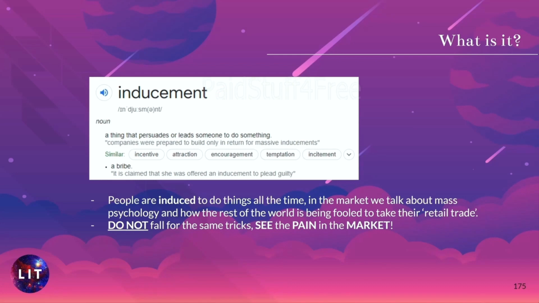Meaning by that, people are induced to do things all the time in the market. It's the exact same thing, and we talk about mass psychology and also these retail traders. They are getting induced all the time, as we showed you earlier, with all these different strategies. That's pretty much their inducement into the markets.